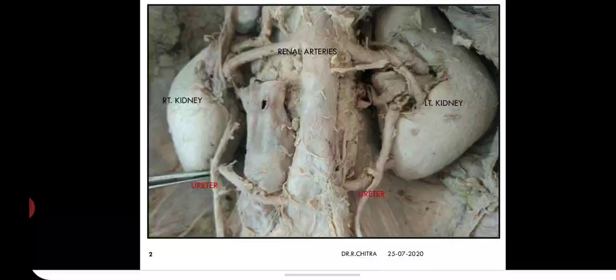Sometimes if they are very large, if they are in the kidneys and then descending into the ureter, a tube-like passage you are seeing, when they pass, they cause the colicky pain that is called renal colic. So when they descend into the ureter, the pain is produced. When they are in the kidneys, we don't expect the pain.